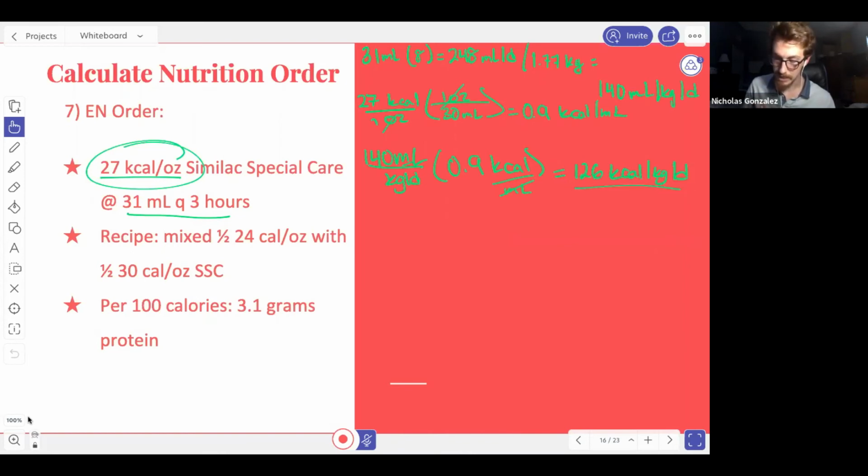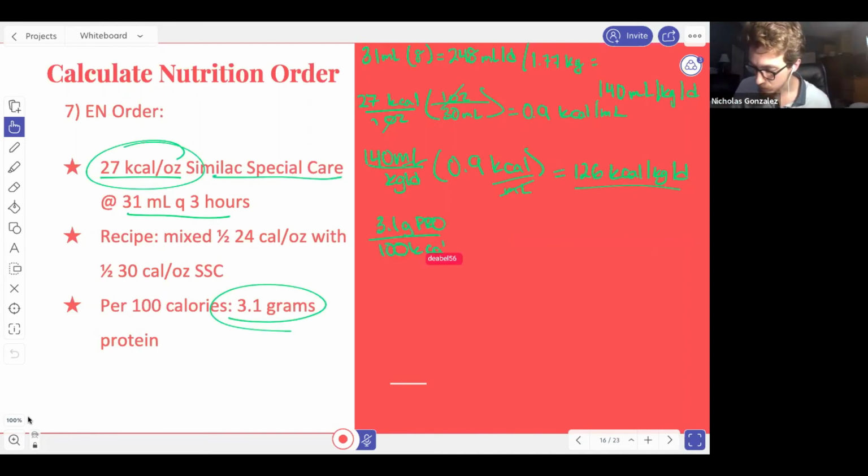Perfect. And lastly, our protein, we have 3.1 grams per 100 calories. So that is what the Similac Special Care formula provides per 100 kcals. So with this, we're going to do another proportion, looking for the X grams of protein per kilogram per day, and we're going to divide that by what we just found to be the calories. We have 126 calories per kilogram per day. Okay, we'll cross multiply this one first.